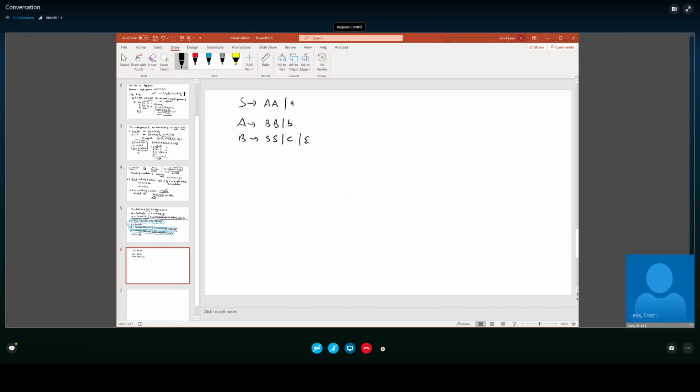So in order to get rid of B goes to epsilon, if we don't replace any of the B's by epsilon, we still have BB. Or if we replace one of them, then we have one B. In this case, it doesn't make any difference how we do this. We can replace the first one by epsilon or the second one. In both cases, we simply have one B. But now, if we replace both B's by epsilon, we're going to get an epsilon. And of course, we still have the A goes to b.